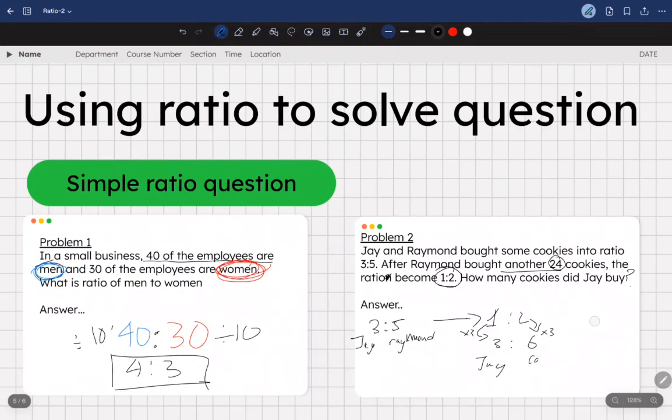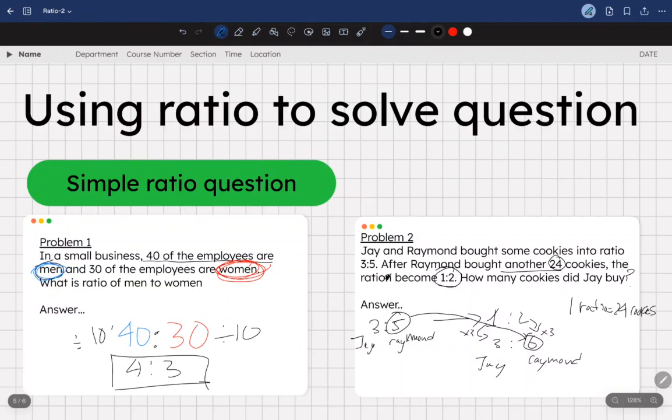This is Jay and Raymond. So after Raymond bought more cookies, when Jay is 3, it became 5 to 6. So therefore, 1 ratio equals 24 cookies.